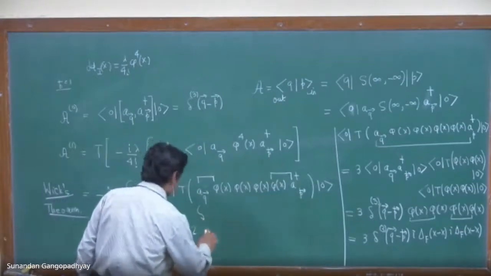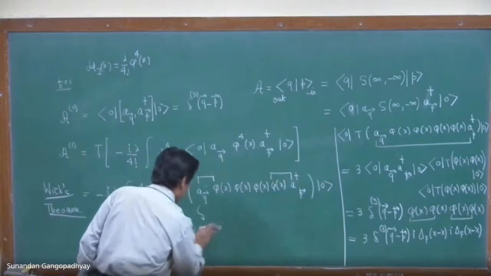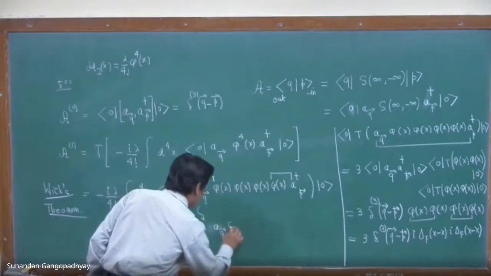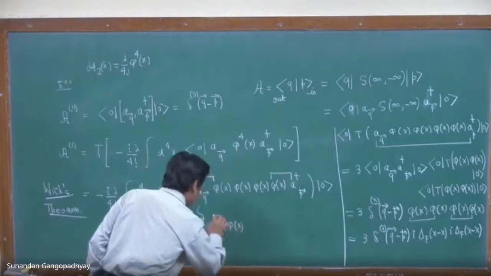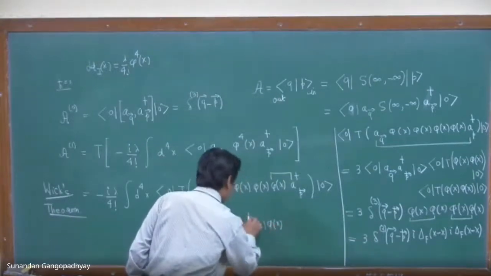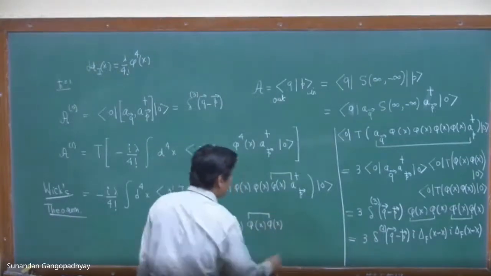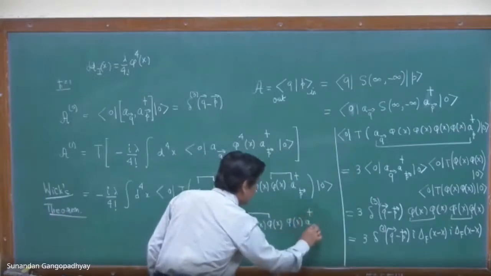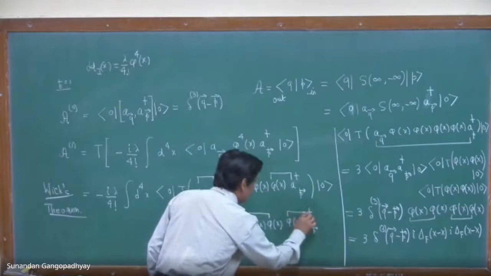Then we will have, let me just write it in this way: A Q phi x contraction, phi x contraction. So this is the Feynman propagator, and phi x with A dagger P is a contraction.